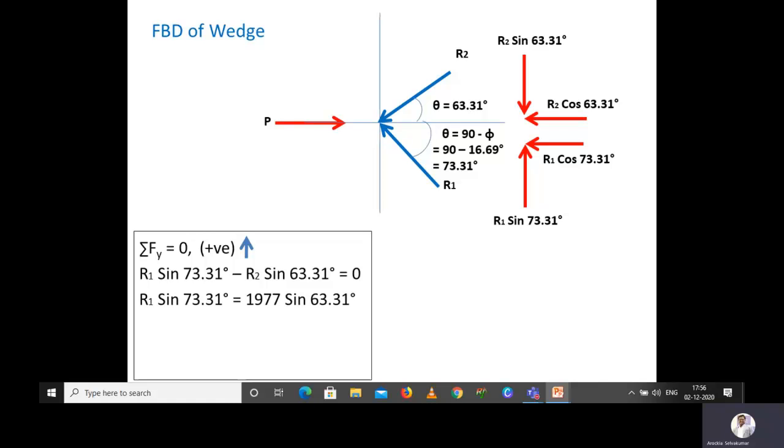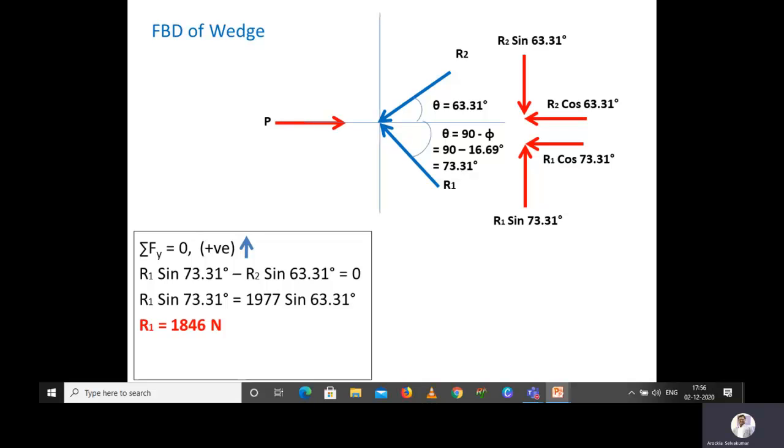We can rewrite the equation as R1 sin 73.31 degree is equal to 1977 sin 63.31 degree, because we know R2 is equal to 1977 Newton. From this we can calculate R1. The R1 value is 1846 Newton.